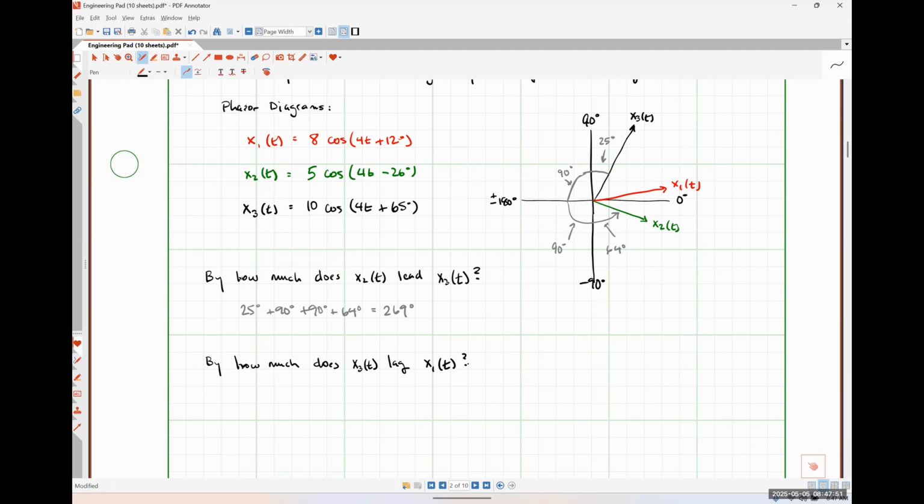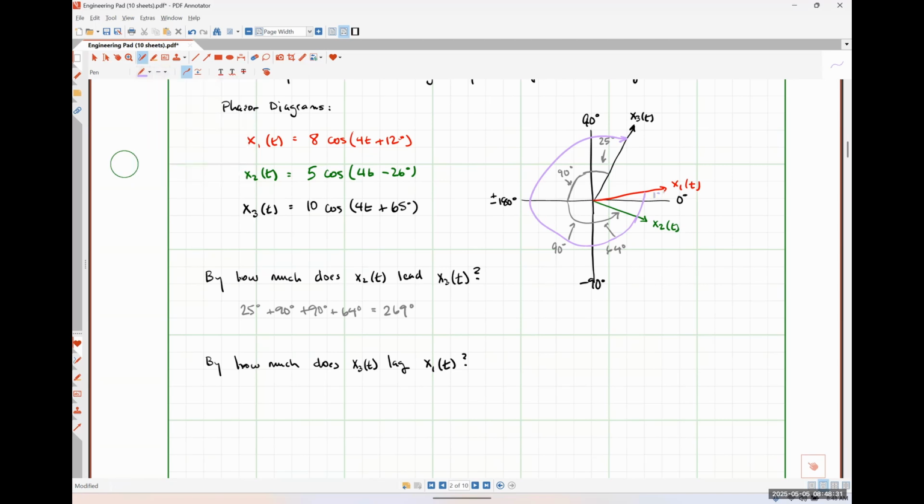So whichever signal is the second one is the one that we're making the comparison to. And in this case, we would actually wind up measuring in the clockwise direction because we're looking for a more negative phase angle, okay? So we would start here and keep going until we hit the one that we're interested in, right?